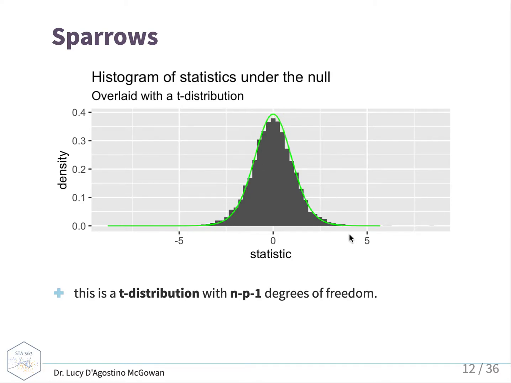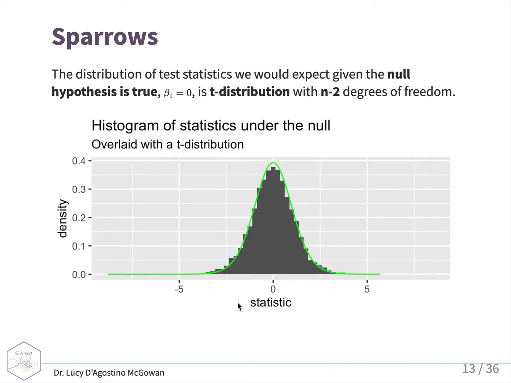It's a t-distribution with n minus p minus 1 degrees of freedom, where p is my number of predictors in my model. In the model that we just fit, we had an intercept beta 0 and a slope beta 1, with only one predictor for wing length, so p is going to be 1, and this would be a t-distribution with n minus 2 degrees of freedom.